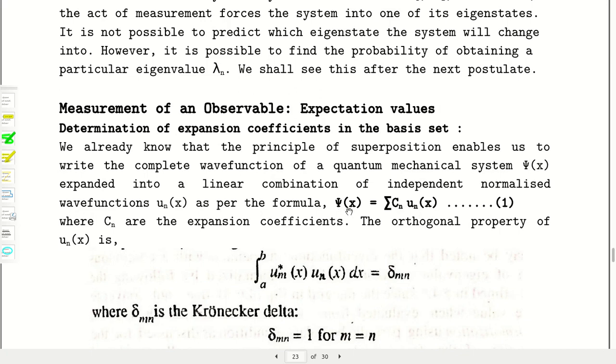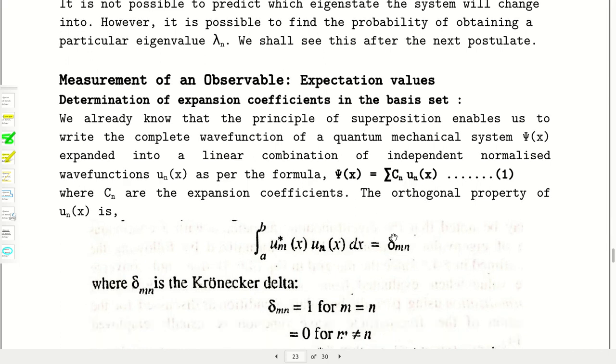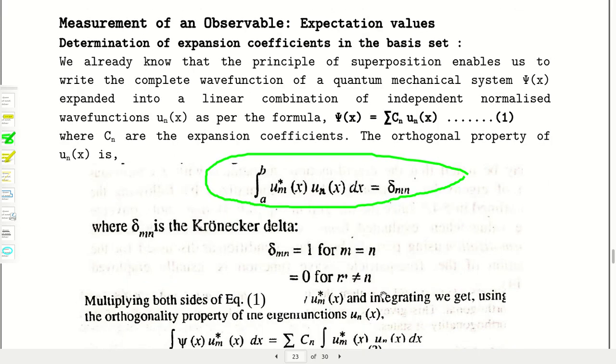Now psi is the total wave function of the system, and un are the normalized wave functions of the system, and Cn is the expansion coefficient of the basis set. The un are normalized, so the normalization equation is there. The limit is from a to b, maybe minus infinity to plus infinity.